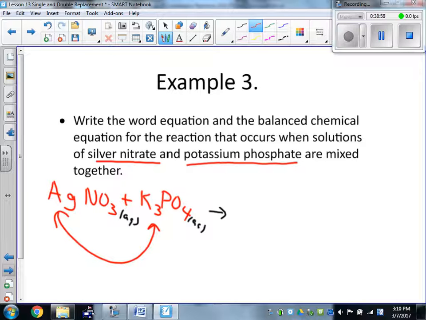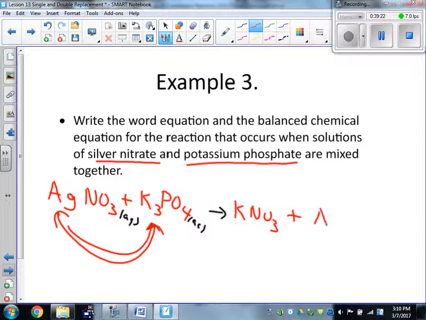K goes with NO3. K and NO3 go together. K, NO3. Now, before you move on, K is a 1+. Look that up on the periodic table. NO3 is a 1-. So we're good. 1+, 1-. Perfect.